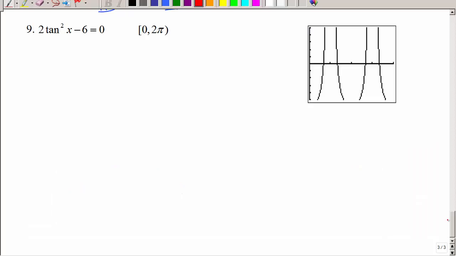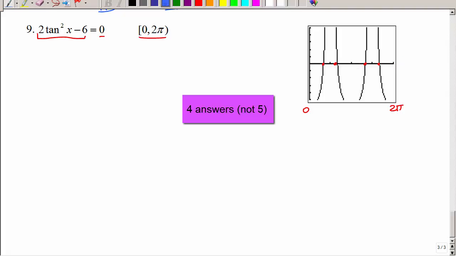Last example, some tangents. So we're going to go from 0 to 2 pi, and I graphed this, and I want to know when does it cross the x-axis, or when y equals 0, and it looks like I should have 5 answers. Got to show my work to get there. So let's see.